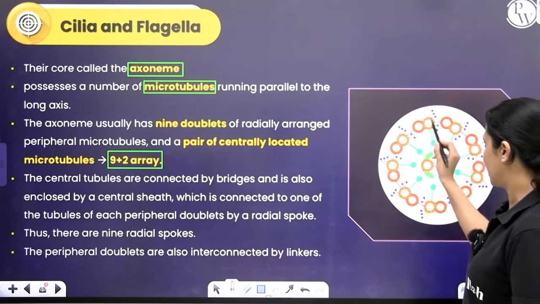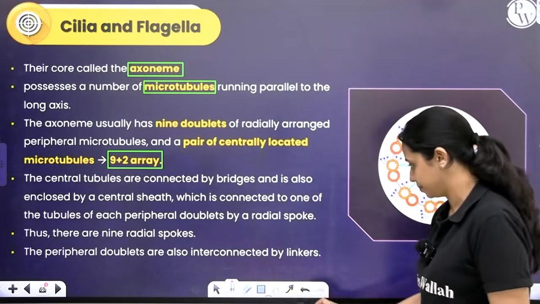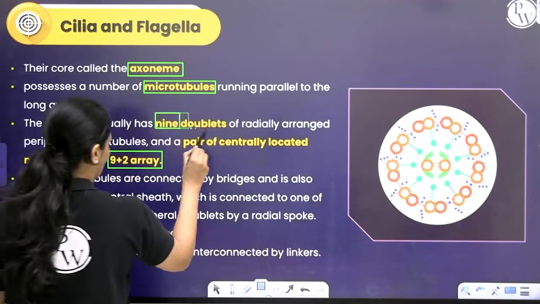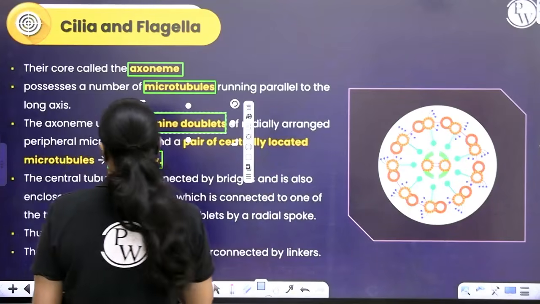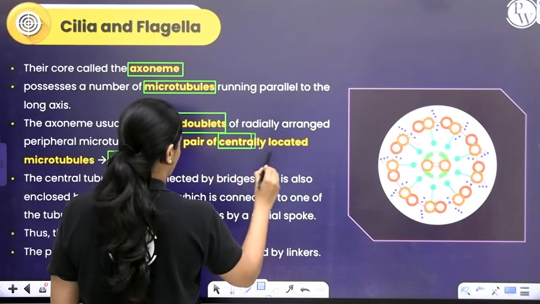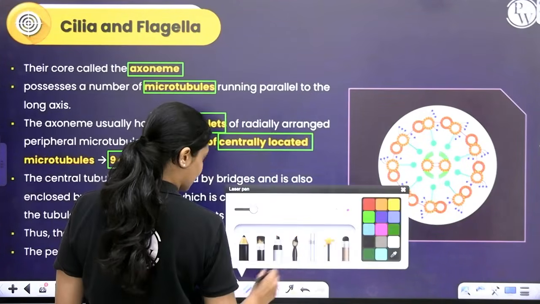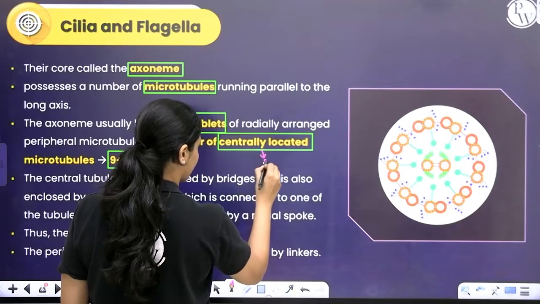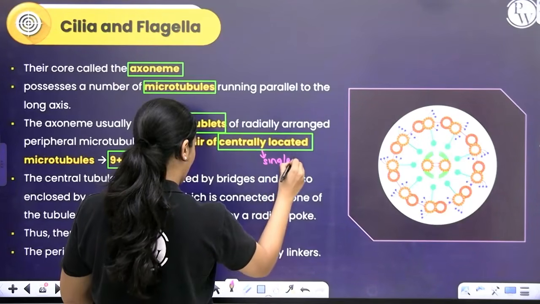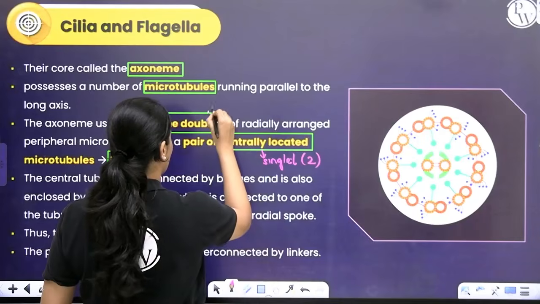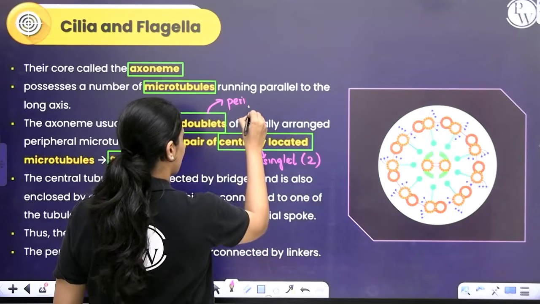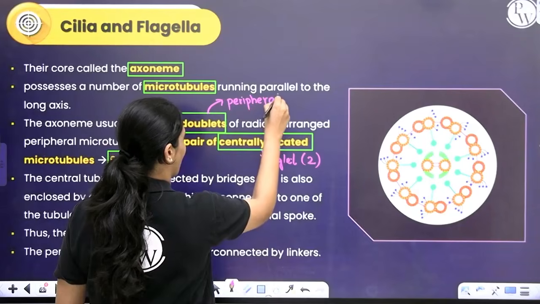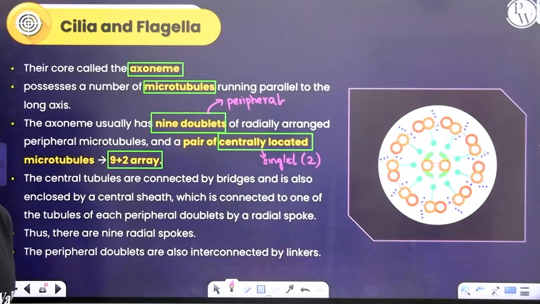Okay, these are the peripheral doublets, peripherally located doublets and centrally located singlets. There's 2 of them. Peripherally located, 9 doublets are there. Okay.